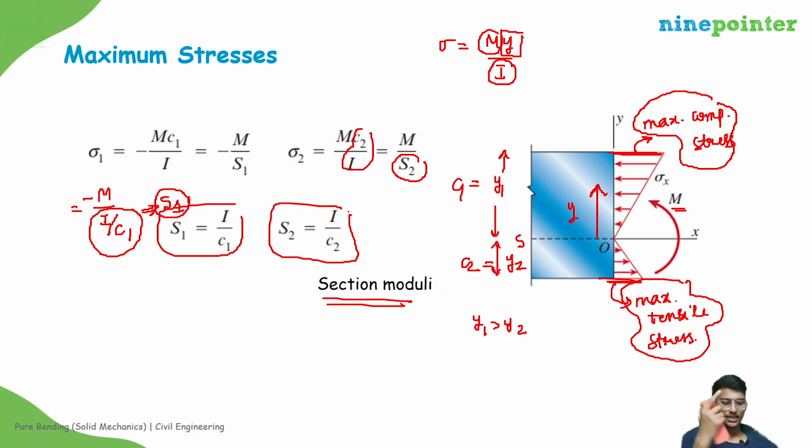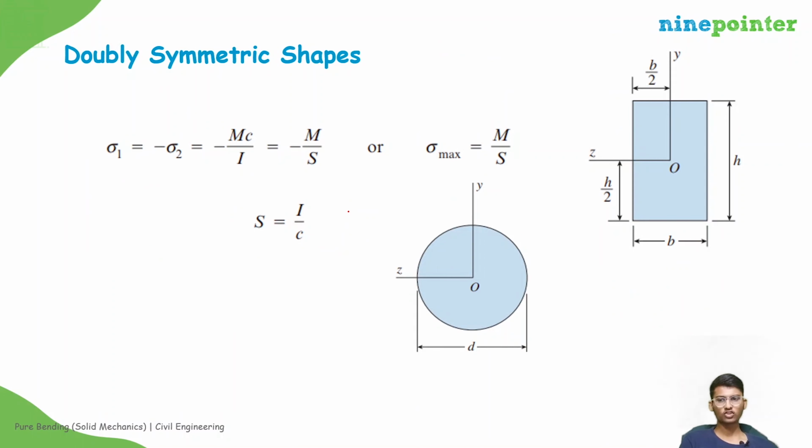That can happen in the case of doubly symmetric shapes. If you see over here, this is a rectangle, it is doubly symmetric. So the centroid will pass through this, and the neutral surface will pass through this, something like this, right? So the maximum y over here, C1, will be equal to C2, that is h by 2.